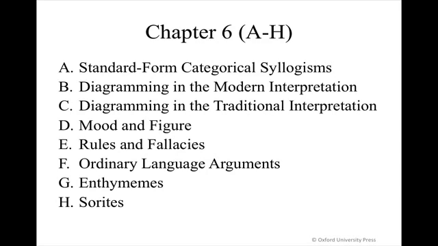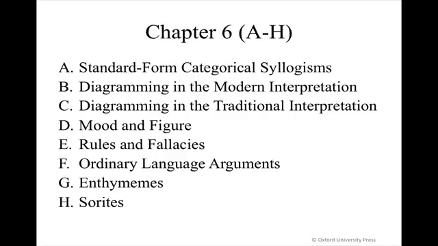Then we'll look at the mood and figure of a syllogism, which is useful to us in a couple of ways. One way is to help us understand a shorthand for looking at a standard form categorical syllogism, but it's also useful to us as we learn how to apply the rules of the syllogism.